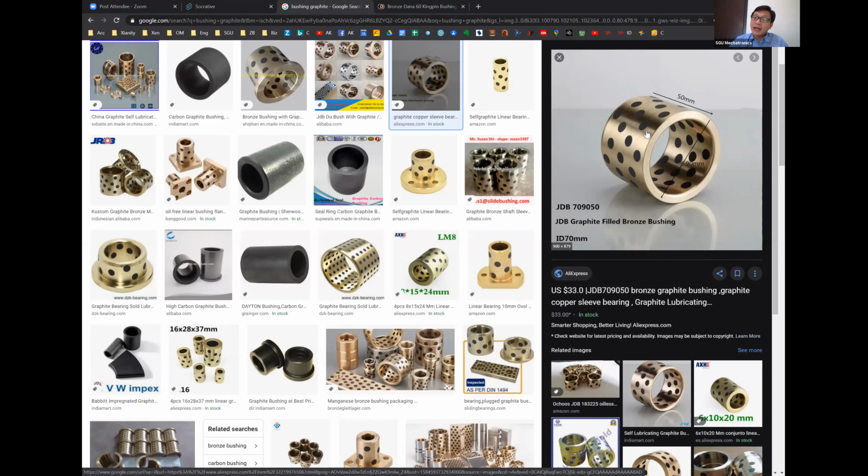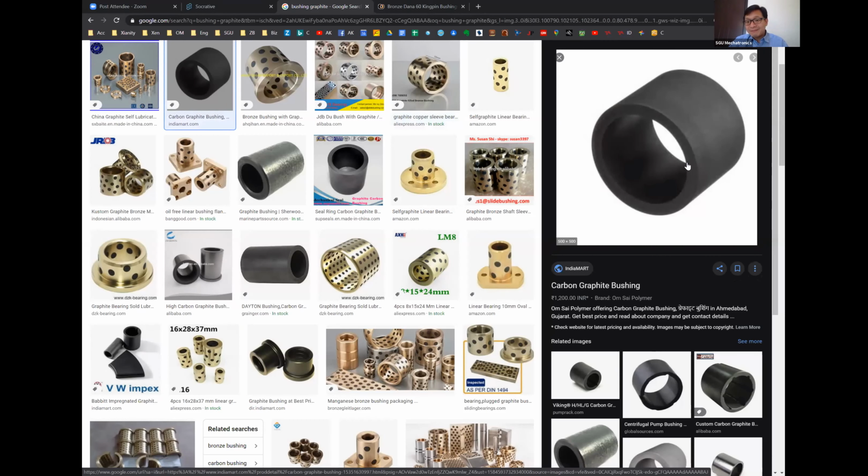Ya, jadi kadang mereka combine between bronze to provide the strength because graphite is very fragile. So you cannot just have full graphite; it will crumble literally. I guess they do make it, but it's very fragile. I'm guessing most likely they put some powdered metal also to strengthen it.